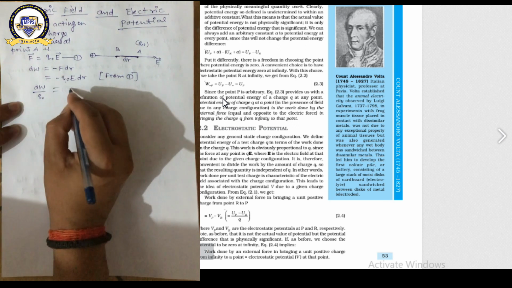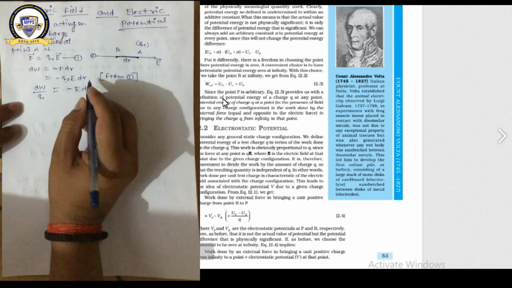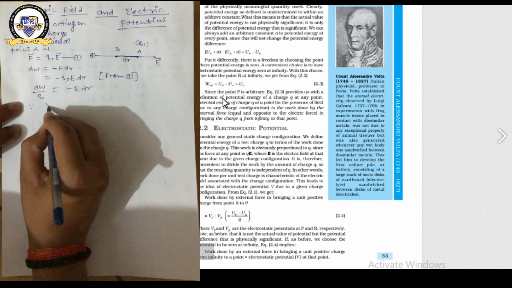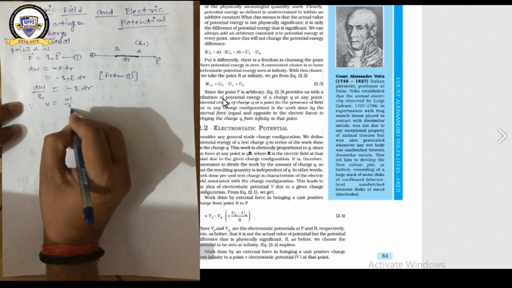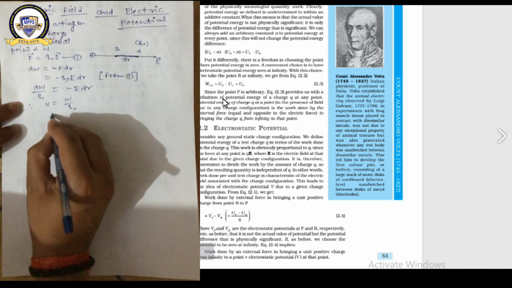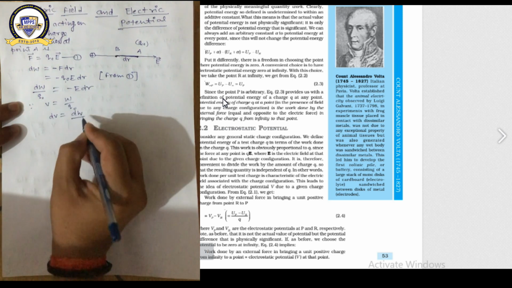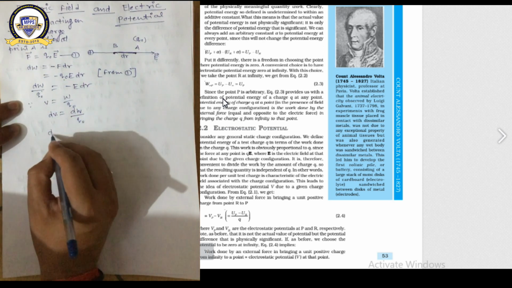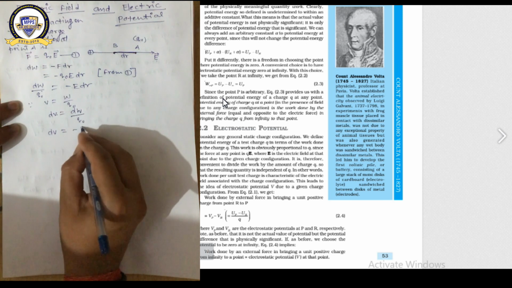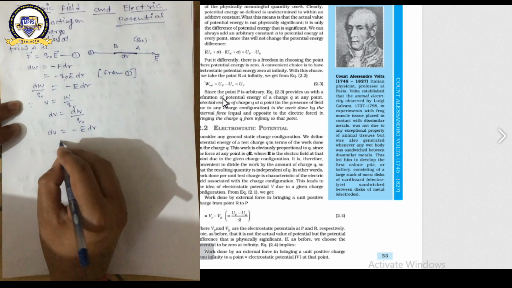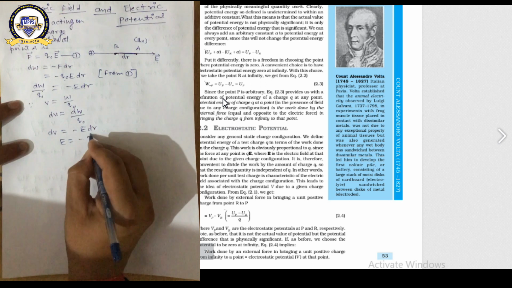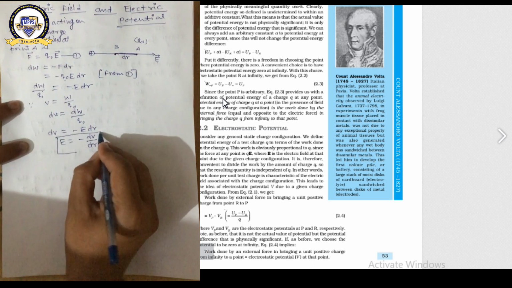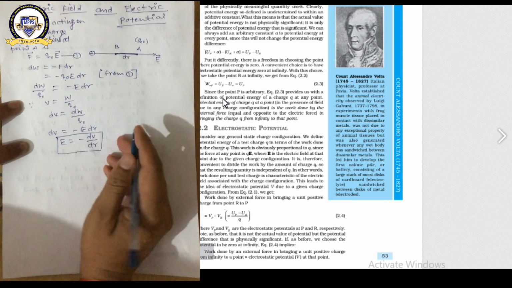So dw upon q naught is equal to minus E dr. Since V is equal to W upon q naught, so dV is equal to dW upon q naught. By using this relation over here, we get dV is equal to minus E dr. So E is equal to minus dV upon dr. Here this is the required relation between the electric field and potential.